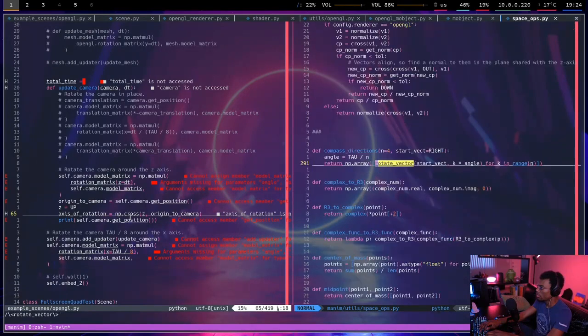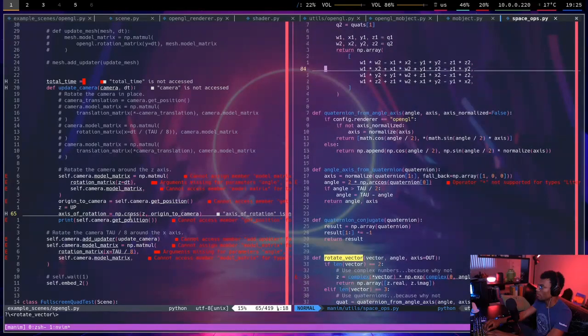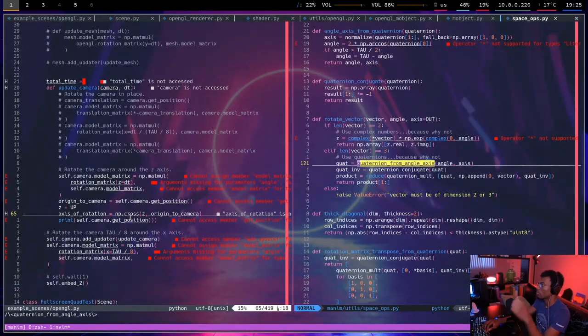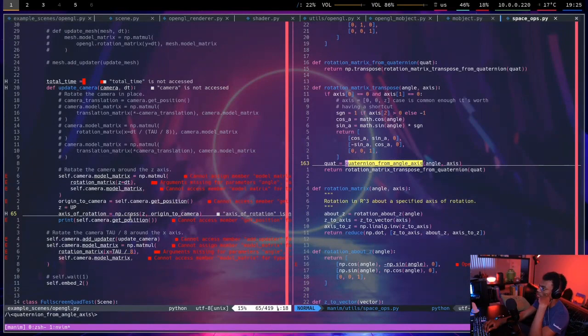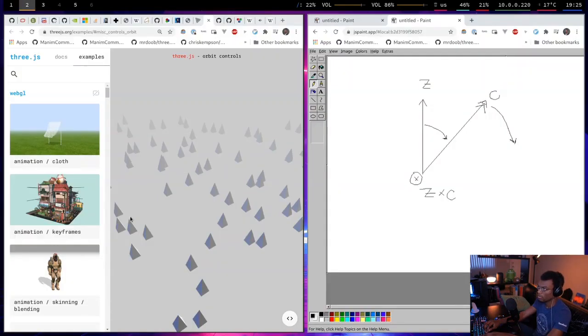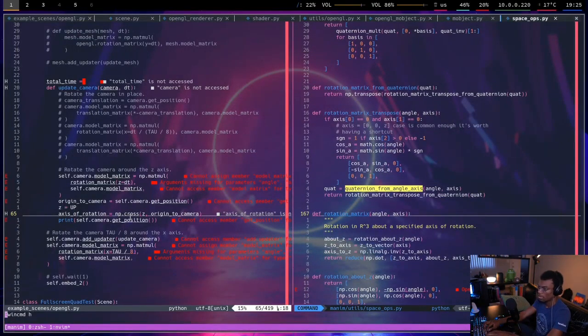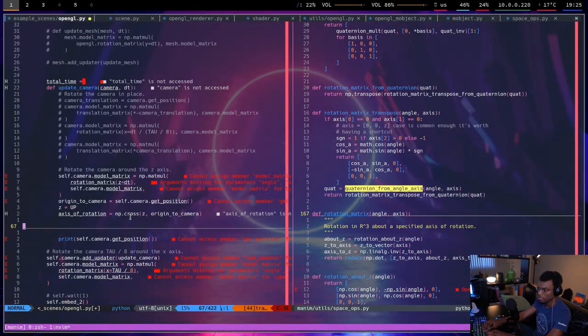Okay, that's not what I'm trying to do. Rotation matrix transpose. This uses a quaternion. I wonder why the rotation matrix transpose does, but the regular rotation matrix doesn't. In any case, if I don't have to use a quaternion, it's probably better for me. That said, I'm not super confident that this will work.